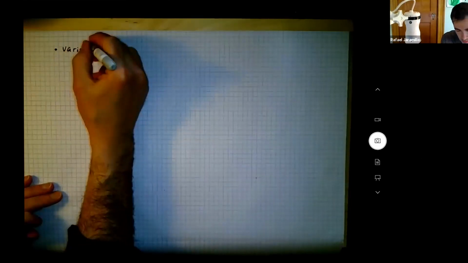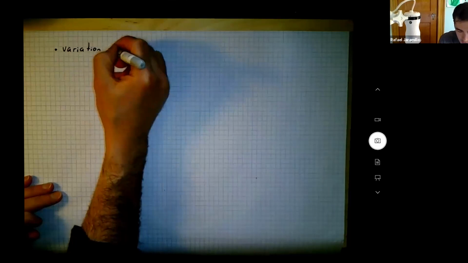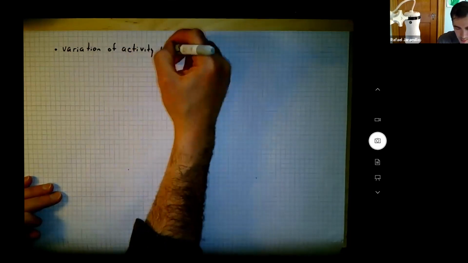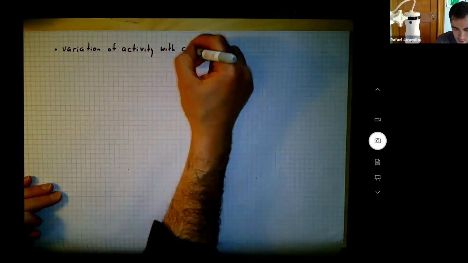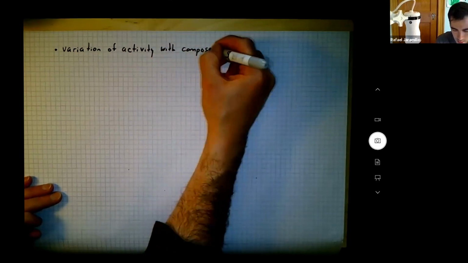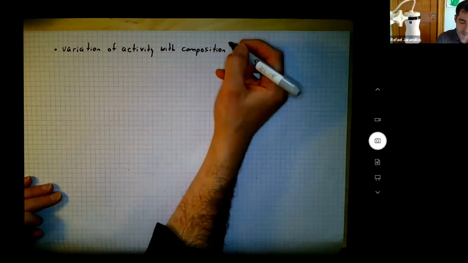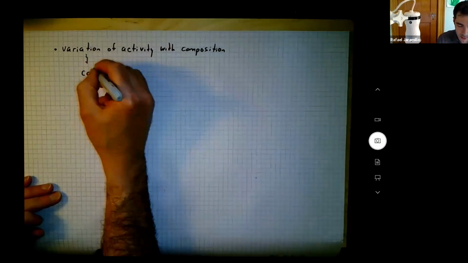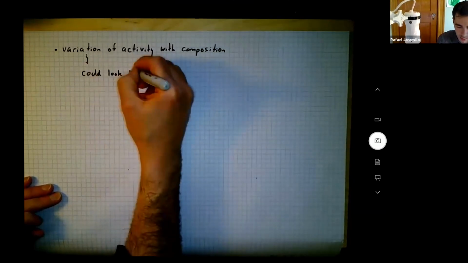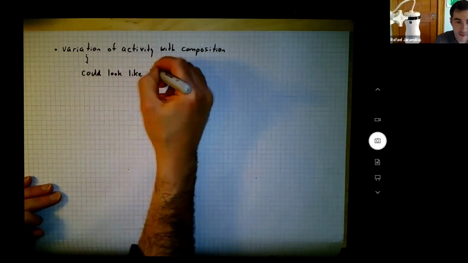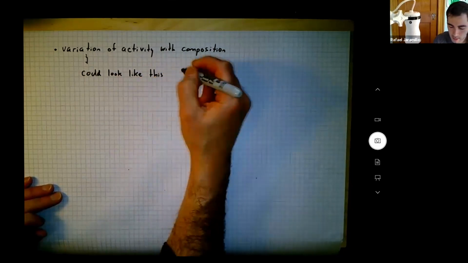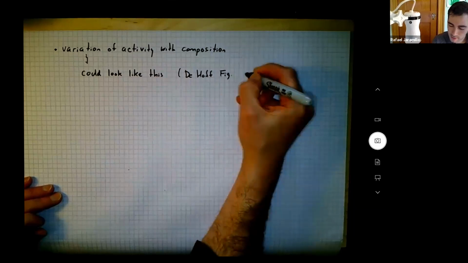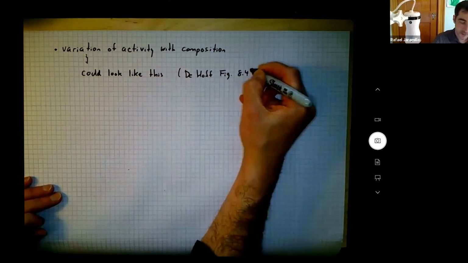Variation of activity with composition. It could look like this. This is an example, and I'm just going to copy this figure from De Hoff, figure 8.4, because I think it's useful. All right, so it could look like this.